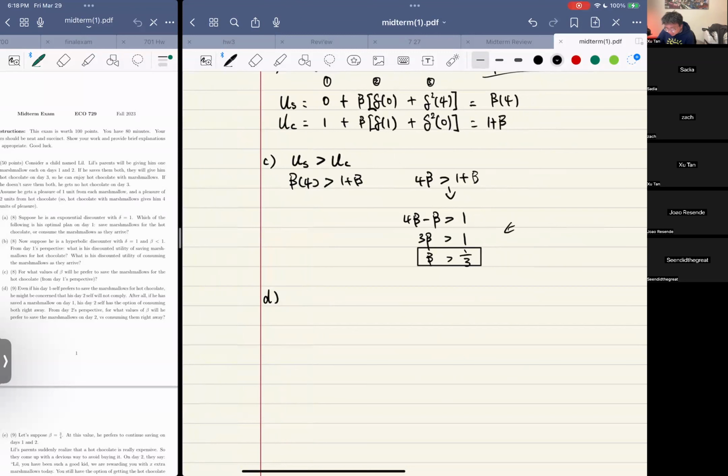Okay, we found that even if his day 1 self prefers to save, he might not be concerned that his day 2 self will not comply. After all, he has saved the marshmallow on day 1, and his day 2 self has the option of consuming both right away.